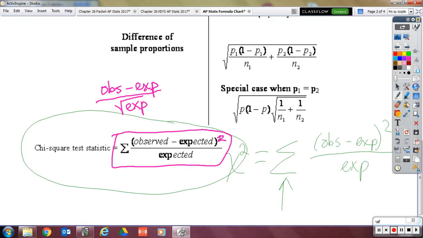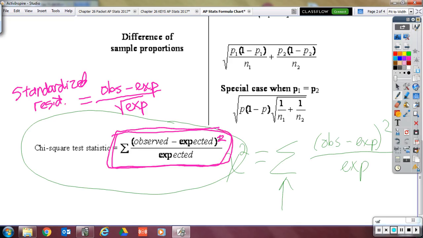But if you think about unsquaring the top, no square, and square rooting the bottom, that is your formula for your standardized residuals. So maybe that can help you remember it. You can just think of it as the square roots of those things, in a sense. I hate to say, especially since I'm recorded, that it's just the square root of that, because mathematically that's not entirely correct. But that could help you remember it.